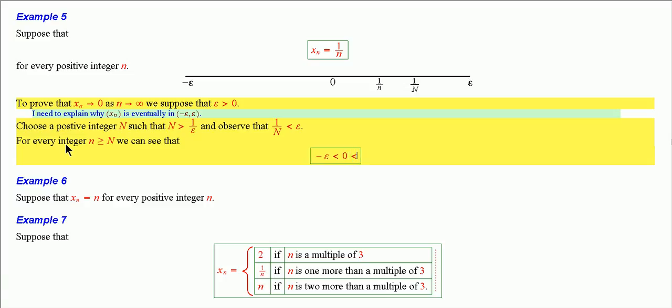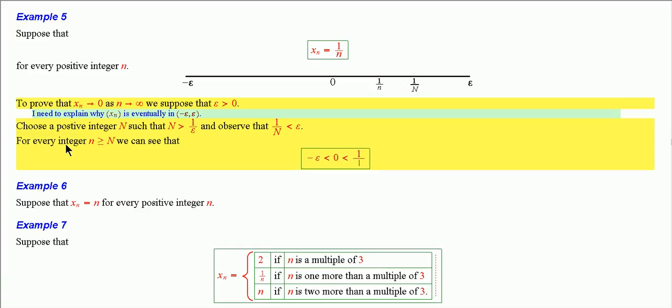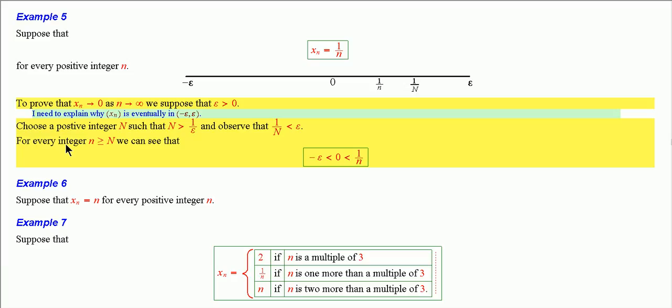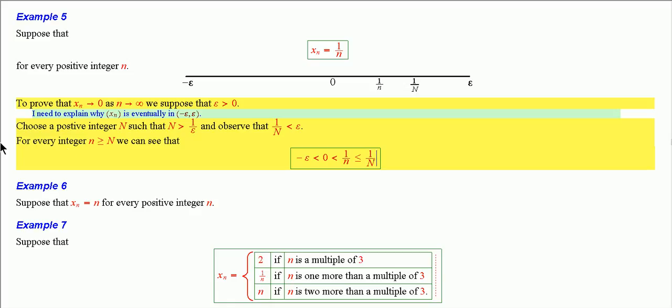Less than the number 1 over n, because that's definitely positive. 1 over n cannot be more than 1 over big N, because look what kind of n I'm working with. n is greater than or equal to big N. Is that reasonable? And we chose big N in such a way, how? That 1 over big N is less than epsilon, and there it is. So I have trapped 1 over n eventually into the stick.